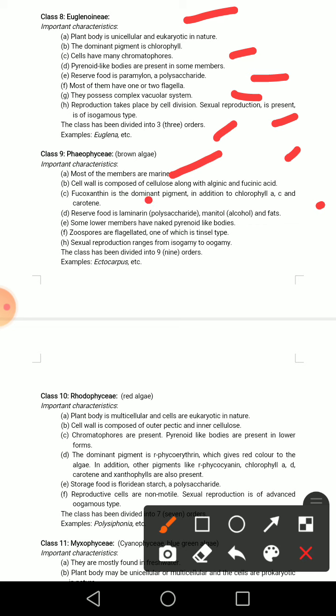Reserve food is laminarin, a polysaccharide, mannitol, that is an alcohol, and fats. Some lower members have naked pyrenoid-like bodies. Zoospores are flagellated, one of which is tinsel type, the other is whiplash type. Sexual reproduction ranges from isogamy to oogamy. The class has been divided into 9 orders. Examples include Ectocarpus. Clear?